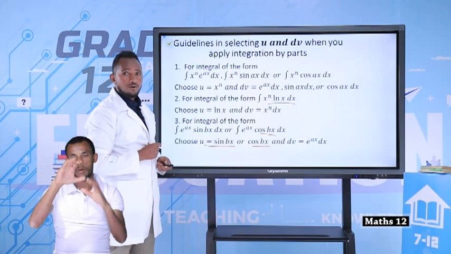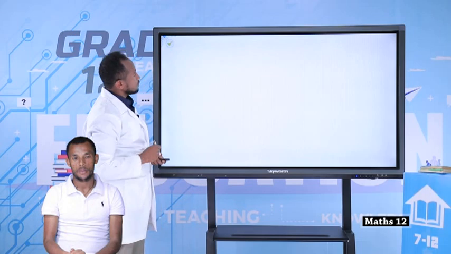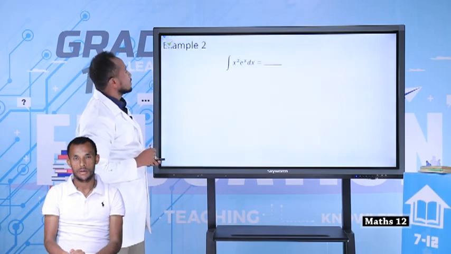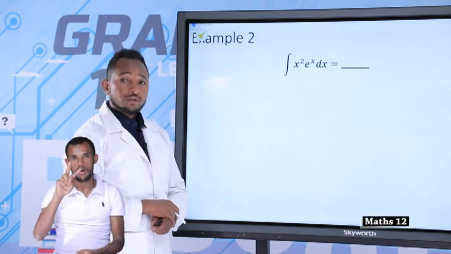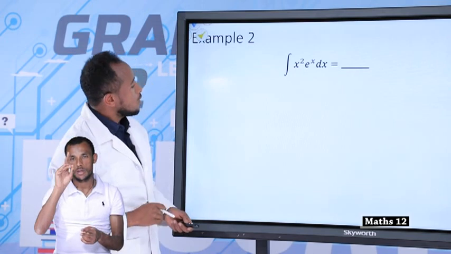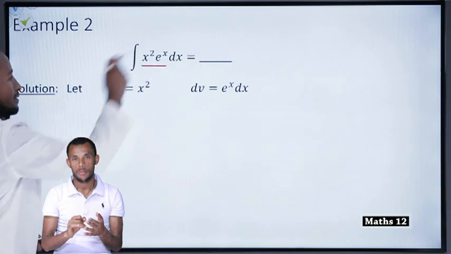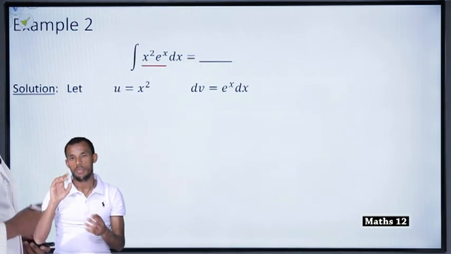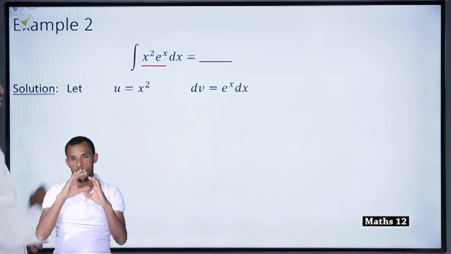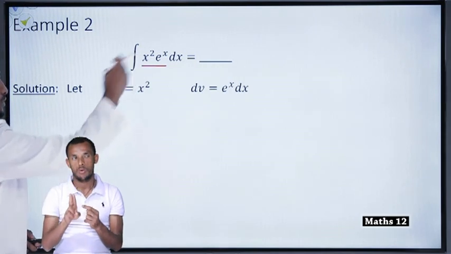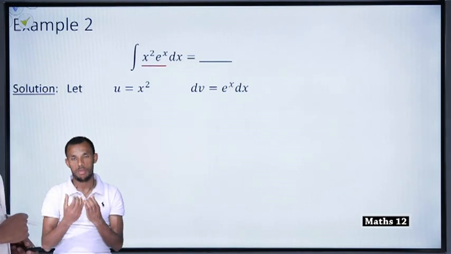integration by parts. Now let's see an additional example for this. Let's integrate this expression x squared times e raised to x dx. This is polynomial times exponential, as we stated earlier in the guideline. Using that, assume the polynomial part to be u, therefore u is x squared, and dv, the other part, is e raised to x dx.